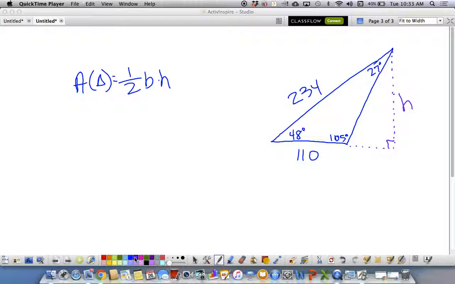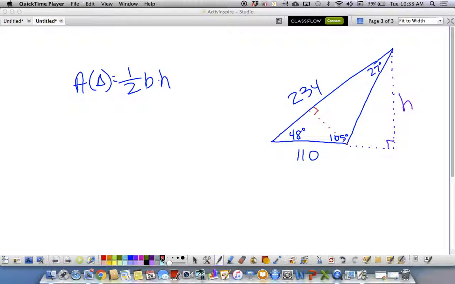The question is, are there more than one height in a triangle? Yes. In geometry, we did these things called altitudes that just meant the height. It was from one vertex perpendicularly to the other side. Sometimes they were outside. If this 234 is my base, the height would be right there.